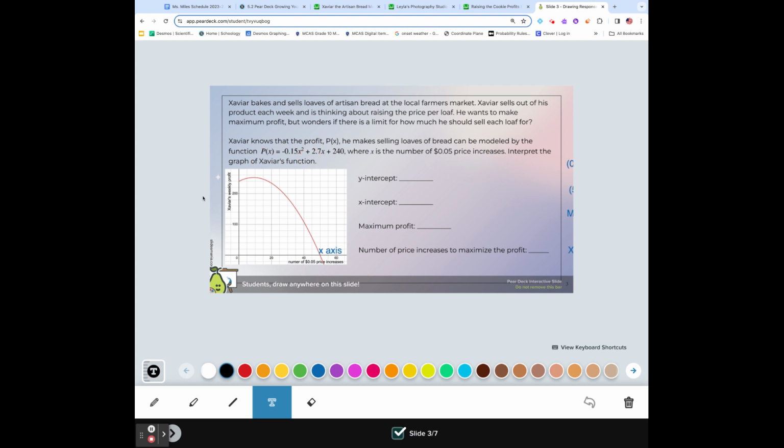Interpret the graph of Xavier's function. What we want you to do is identify the y-intercept. Please put this in correct ordered pair notation form with parentheses and a comma separating the coordinates. Then the x-intercept, the maximum profit, and the number of price increases needed to maximize the profit.